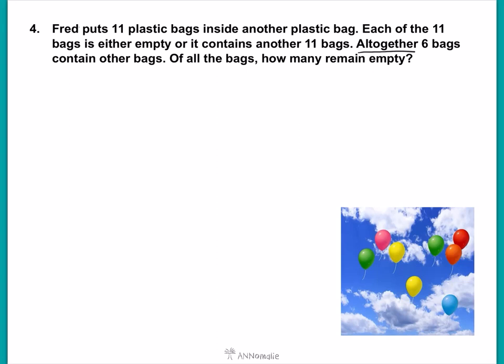So if I look at this, we see that of the 6 bags, the large bag with the 11 bags inside contains bags. So that means there's only 5 bags remaining with other bags inside.